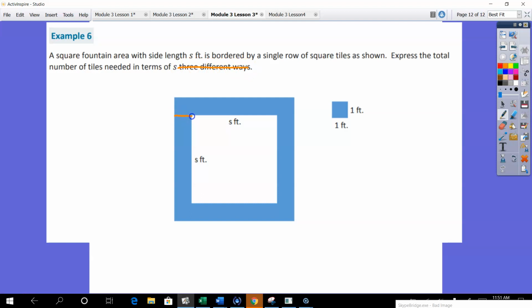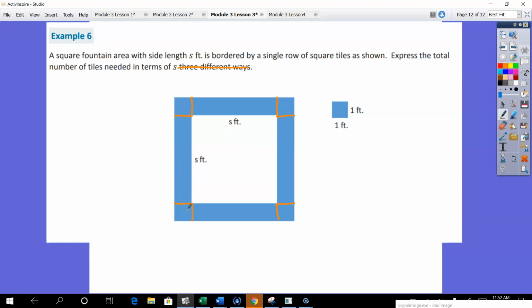Okay, so we could look at it. This is s feet here. That amount is s feet. So this amount is s feet. Okay, and this is s feet. So what we can see is we have a 1 by 1 square here each time.